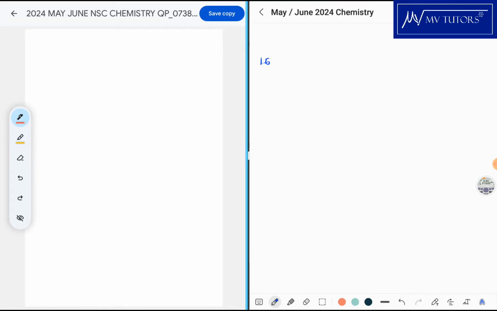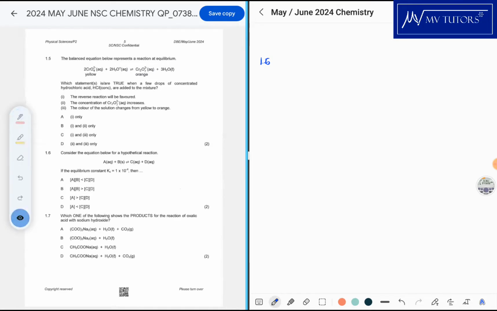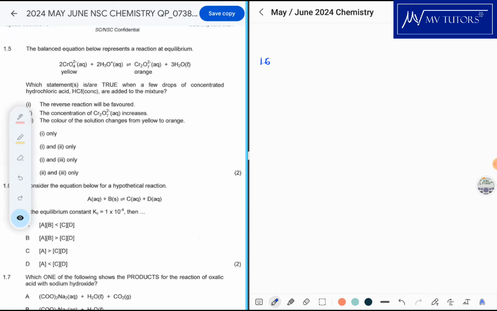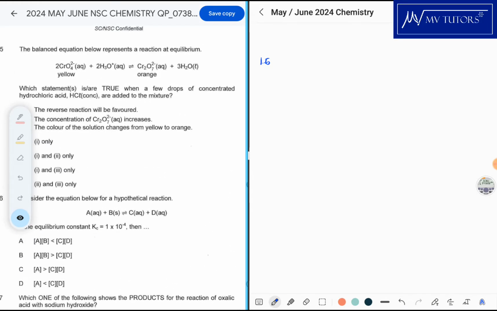In this case, you need to check which one is the acid and which one is the base, because the question then says which statement is or are true when a few drops of concentrated hydrochloric acid are added to the mixture. So it helps identify which one is the base and which one is the acid, because you are adding more of an acid.